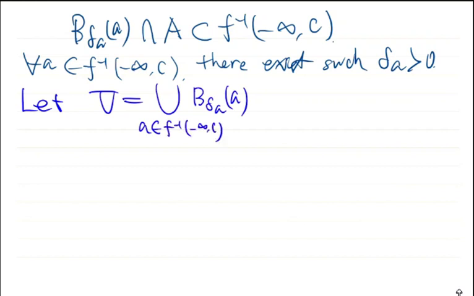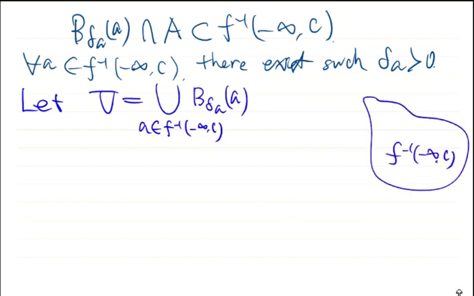For every point a here, we have a ball. This is a. The radius of this ball is delta a. For every a in this pre-image f inverse of (minus infinity, c), we have this delta a, and we have this ball, and the union of all these balls, we denote by U. So U is open.